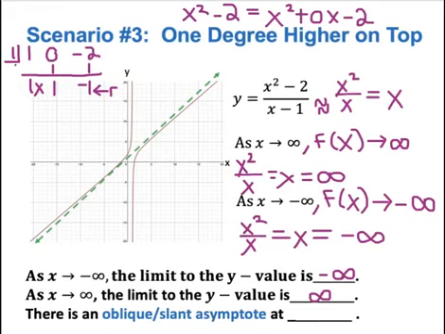And if we had more moving left, we would just put higher powers of x. So what this actually equals is x plus 1, right? You have 1 times x, or 1x plus 1 right there. So there is an oblique asymptote at y equals x plus 1. And you can see the graph right here. This is y equals x plus 1, the asymptote.